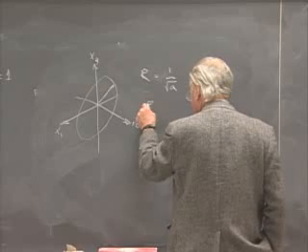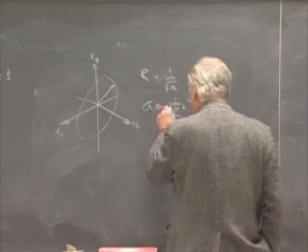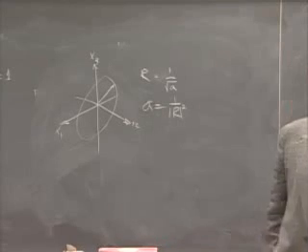Or alternatively, the value of the property in the direction is 1 over the magnitude of the radius squared.